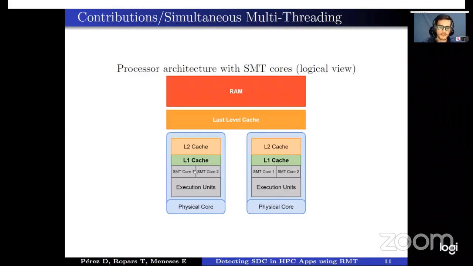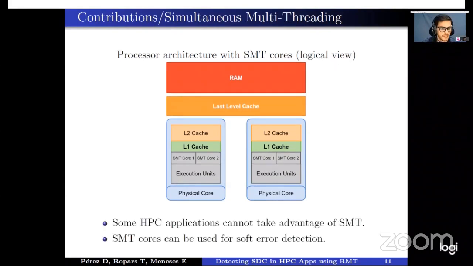This actually means that the core has more architectural state. These logical cores are basically extra architectural state that allows two or more threads to be alive, ready to run at the same time. And sadly, not all HPC applications can benefit from hyperthreading or from SMT. So we propose to use these logical cores for error detection.